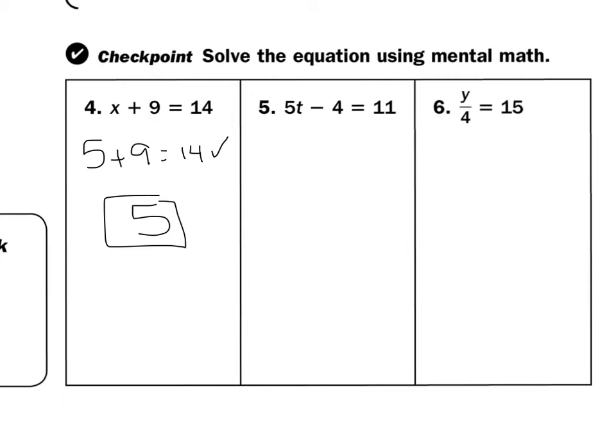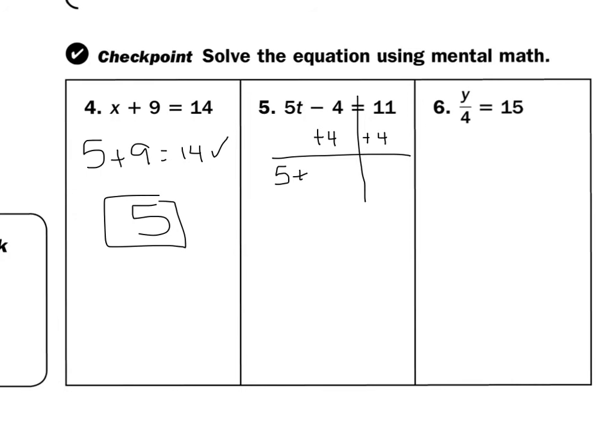Number 5 is a little bit more complicated because it actually does have 2 steps. This one shows mental math, but I'm actually going to review with you the method that we did for solving a 2-step equation last year. We drew our line. We start with the minus or the plus. It was minus 4, so we have to do the opposite to both sides and add 4.